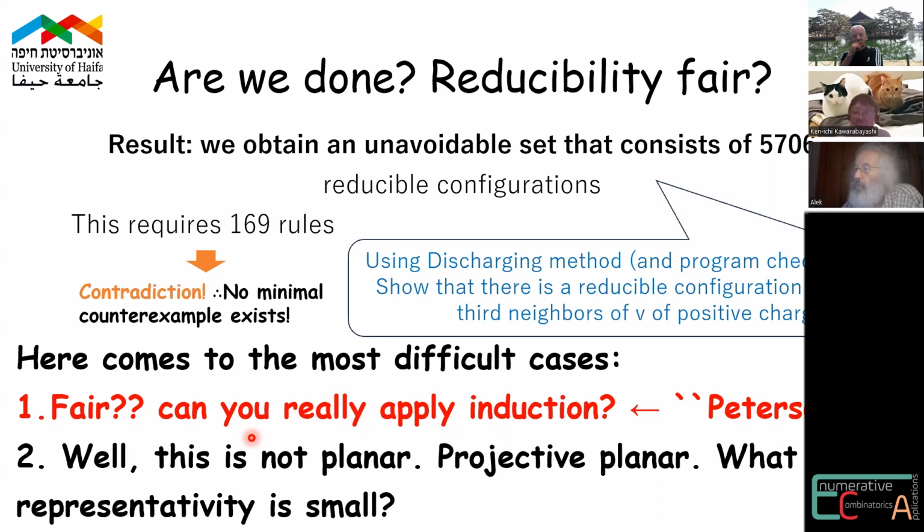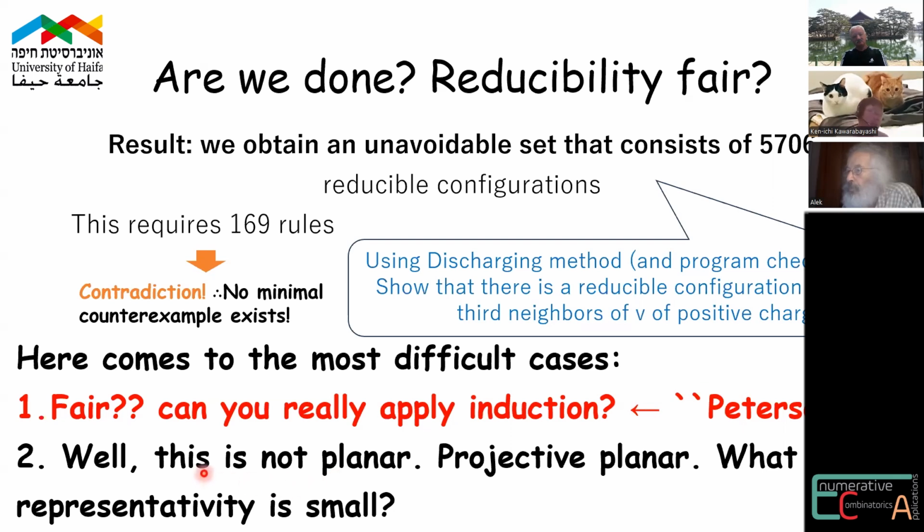So induction does work, but in our case it may not, because when you make a reduction, are you sure you never end up with a Petersen-like graph? If we end up with a Petersen-like graph, we never get the 3H coloring. That's a problem because we can't really extend the coloring. So that's one thing we have to make clear.